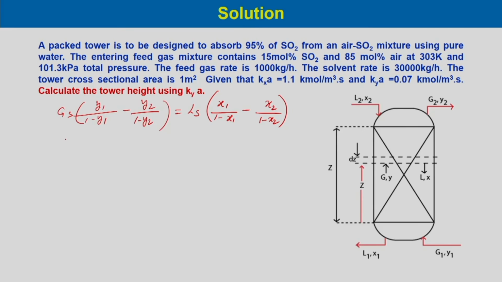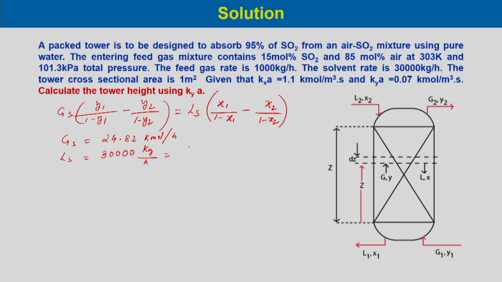So, Gs we know, which we have calculated, 24.82 kilomole per hour. Ls which is given is 30,000 kg per hour, with pure water used as solvent.